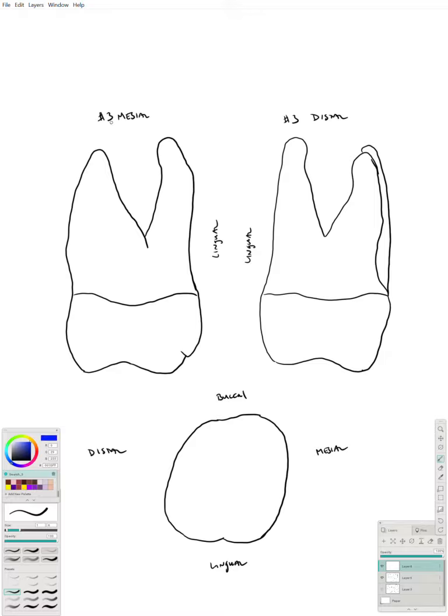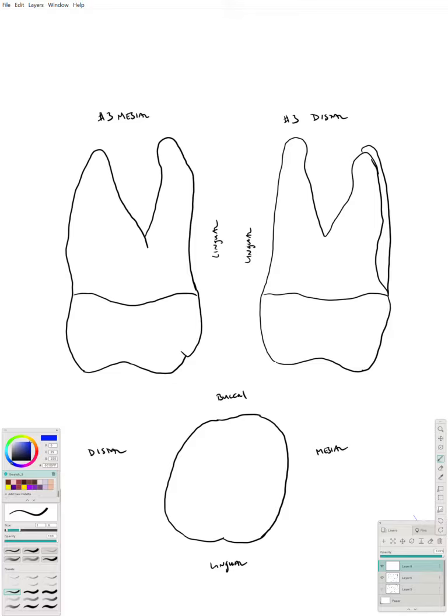So we're starting with the mesial. You can see how that cusp of Carabelli is hanging off on the side here. So that's the mesiolingual cusp, right? That makes this right here the cusp of Carabelli. And that's completely not legible, but it says Carabelli. We'll stick with it.